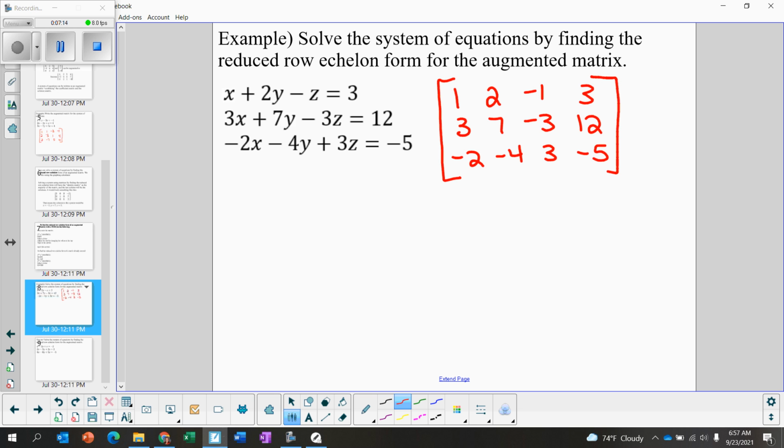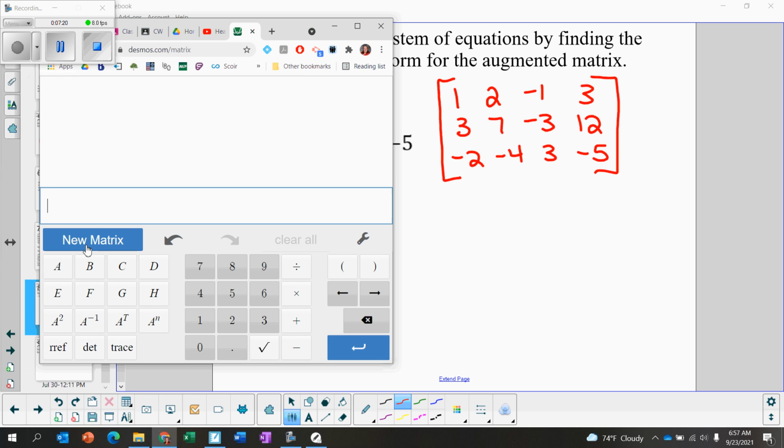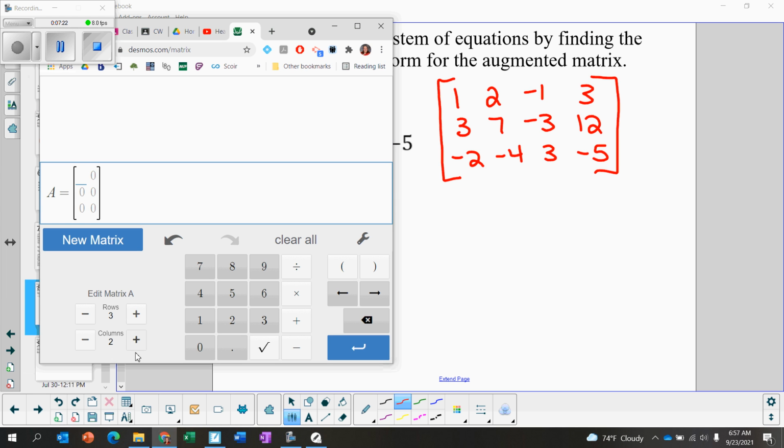Okay, so there's our augmented matrix. All right, so now it is a 3 by 4, right, because now we have a fourth column. All right, let's make sure we have that all entered correctly.